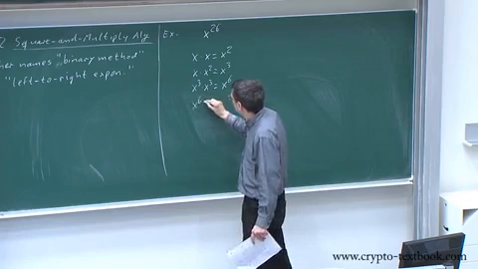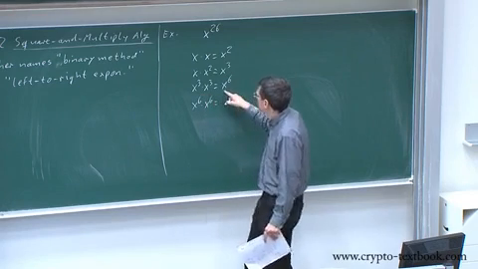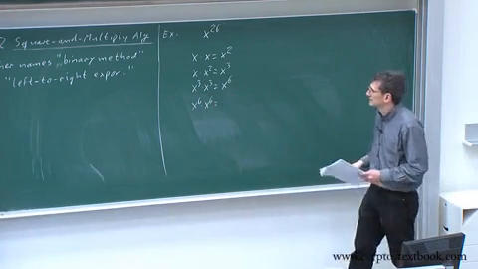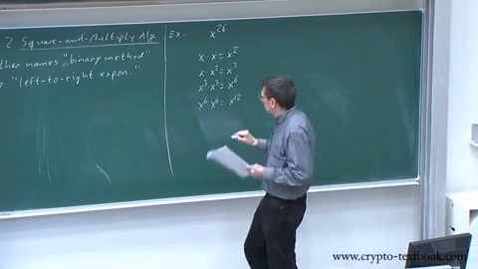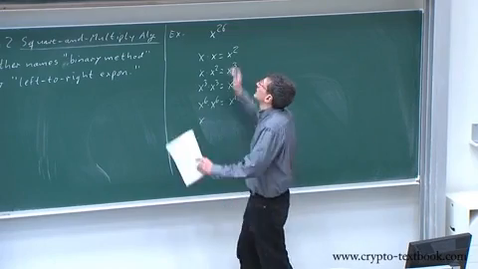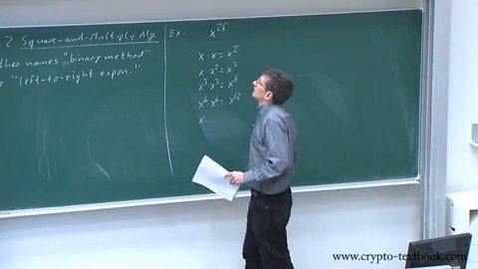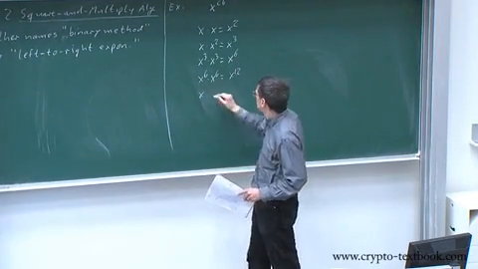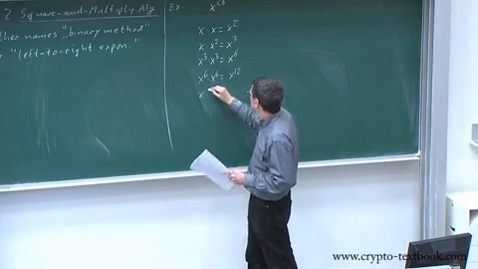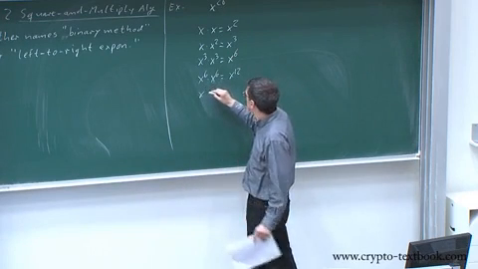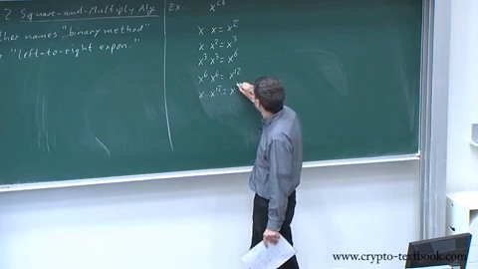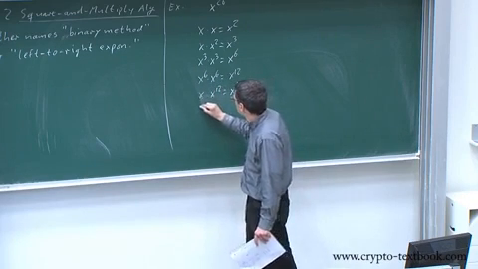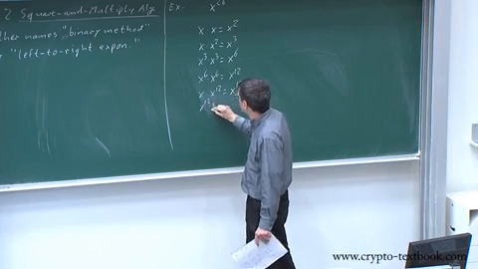Now I square this result again, and it turns into x to the 12th. I compute x times x to the 12th, which is x to the 13. And at the end, I square again.